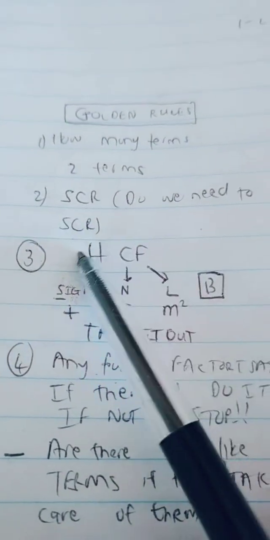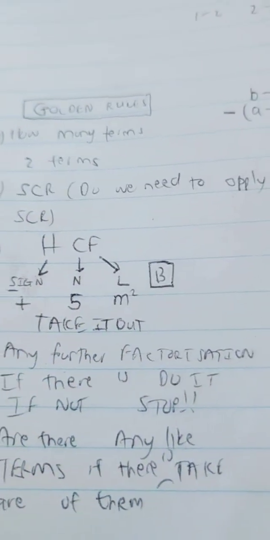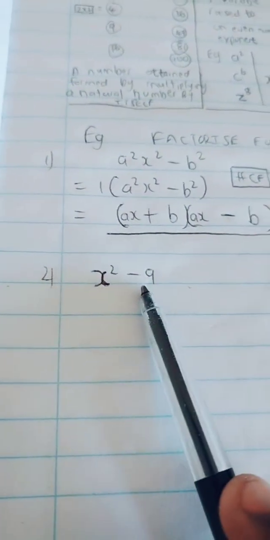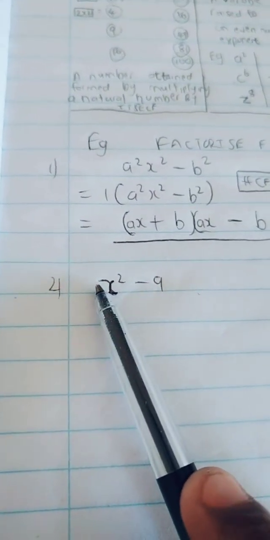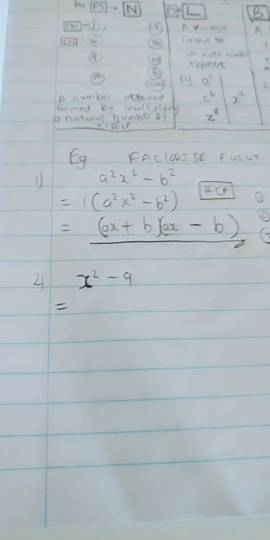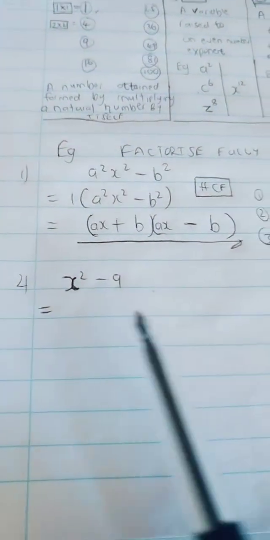Step number 3, is there a highest common factor between your 2 terms? Is there a highest common factor, sign, number, letter, or bracket? Here we see there's a positive term. So of course, guys, if this is a positive term, we know that the positive sign is taken out as a highest common factor.